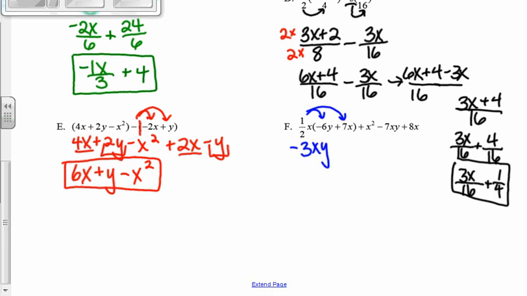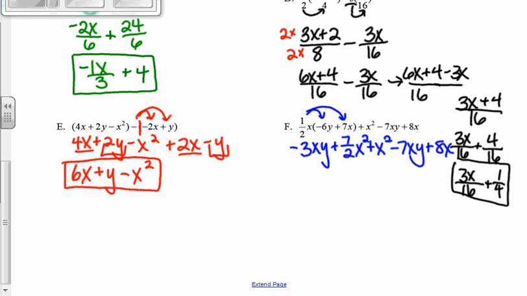So we just include both of those. So then 1/2 x times 7x, that's going to end up giving me 7/2 x squared. And now I'm going to write whatever we have left, so plus x squared minus 7xy plus 8x.